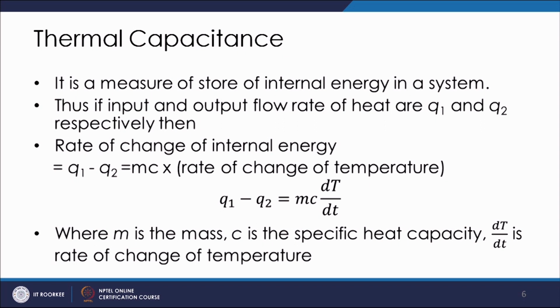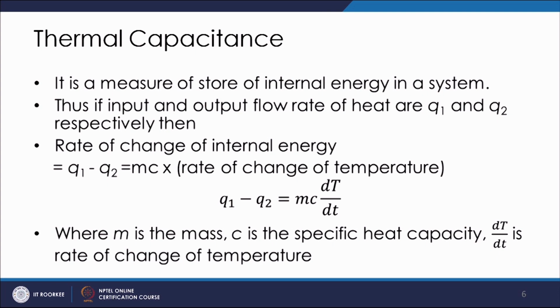And what is this? This is basically equal to MC into rate of change of temperature. Okay. Where M is the mass and C is the specific heat capacity. So, I can write this as MC into dT by dt, and this dT by dt is the rate of change of temperature. Okay.